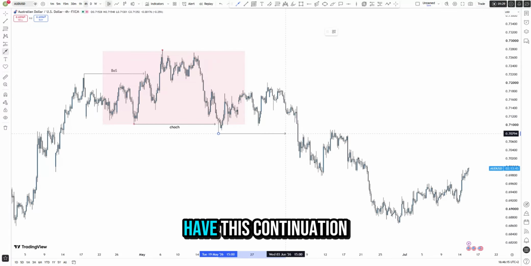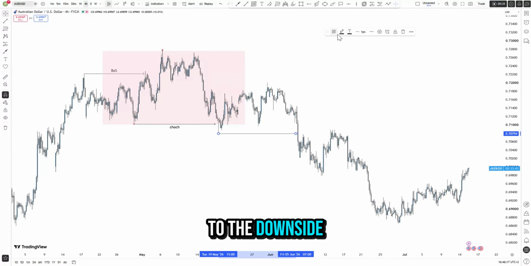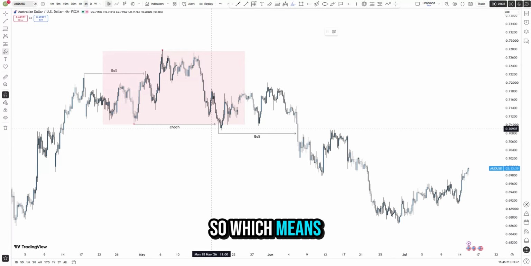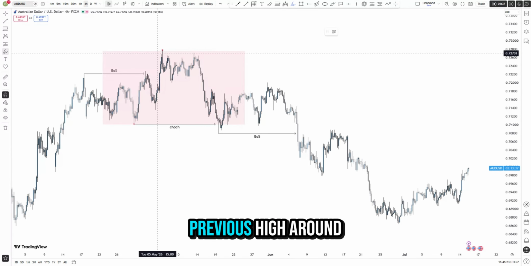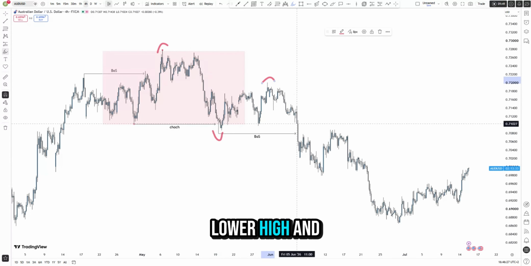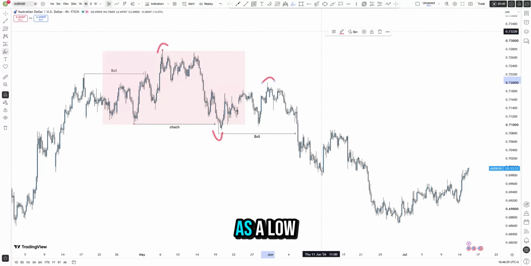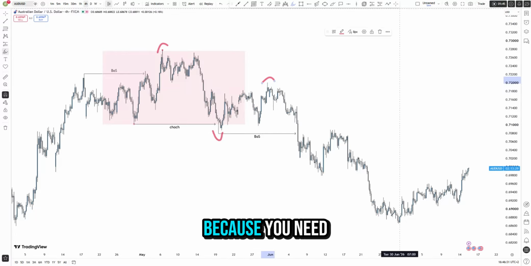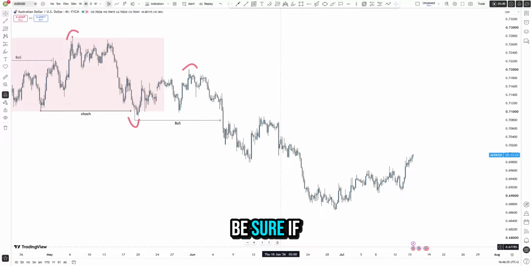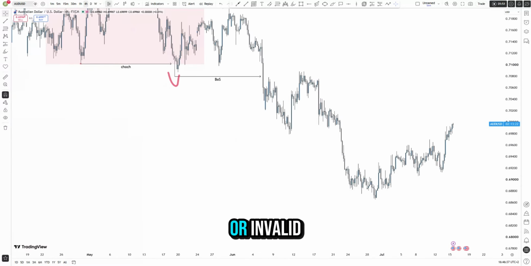And currently we have this continuation to the downside, giving us a new break of structure to the downside. So this is our previous high around this point. Then this is our lower low. This is our lower high. And we had this as a low. Let me just check, because you need to make sure that you check all your highs and lows to be sure if it's valid or invalid.